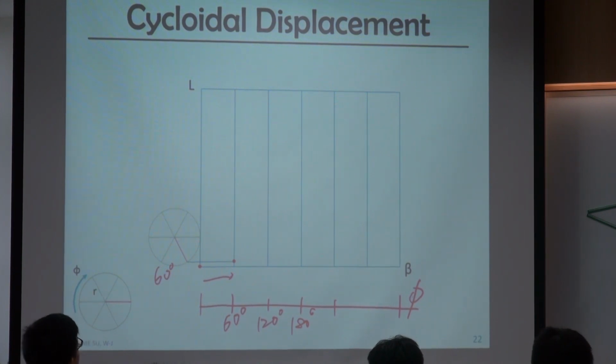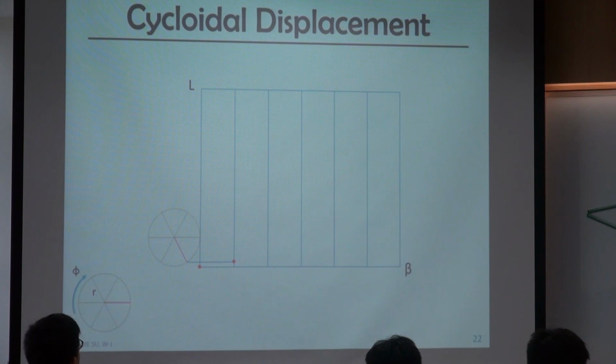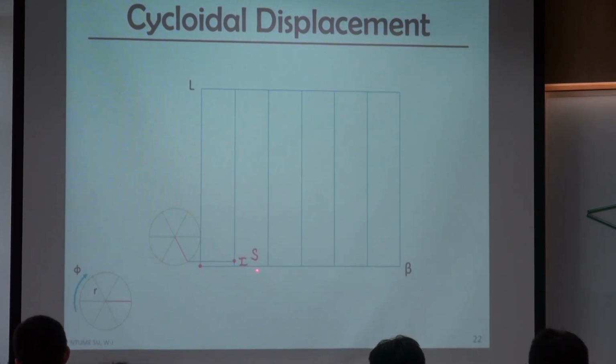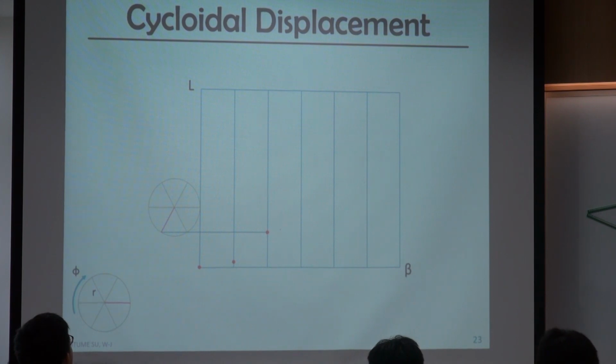Right now, if I want to determine, here is this. This is the S, the displacement for the cycloidal curve. This point or the other point, this one is the mu S. So I'm going to express this S in the equation. Then how can I determine the S?